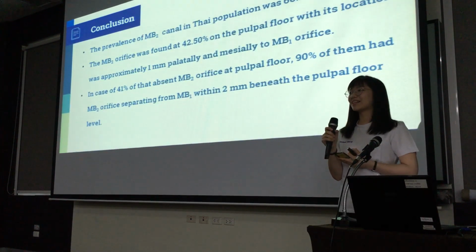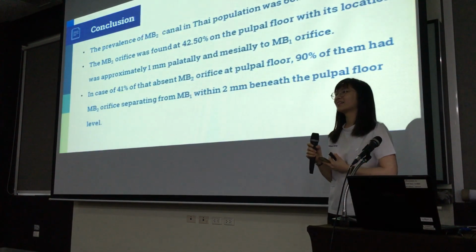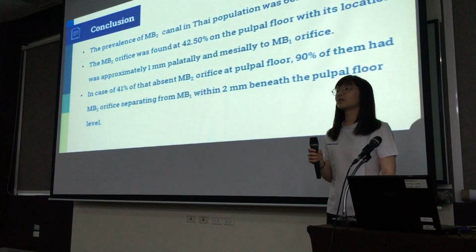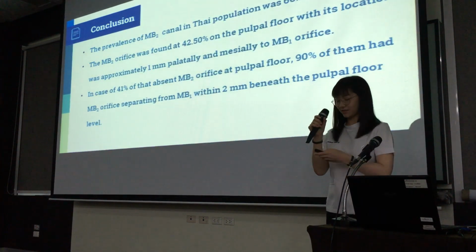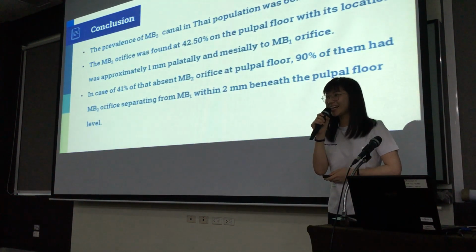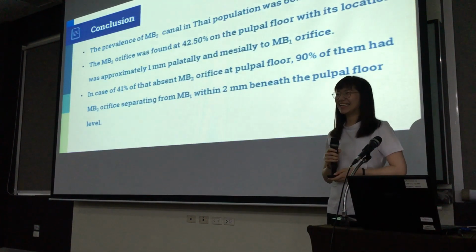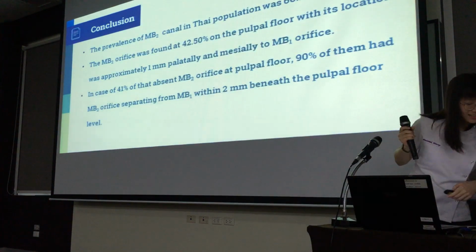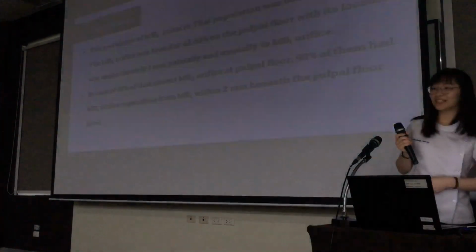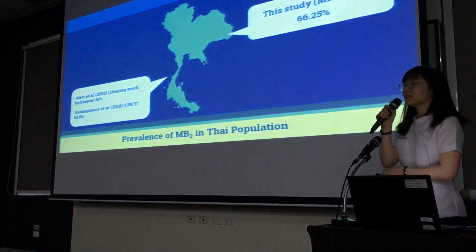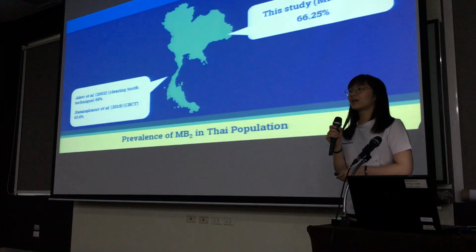However, I wonder about the pulpal floor that you use as a reference, because it's a clinical landmark, right? But from MicroCT, how did you set up the level that this is the pulpal floor level? Because the pulpal floor is not completely flat, right?